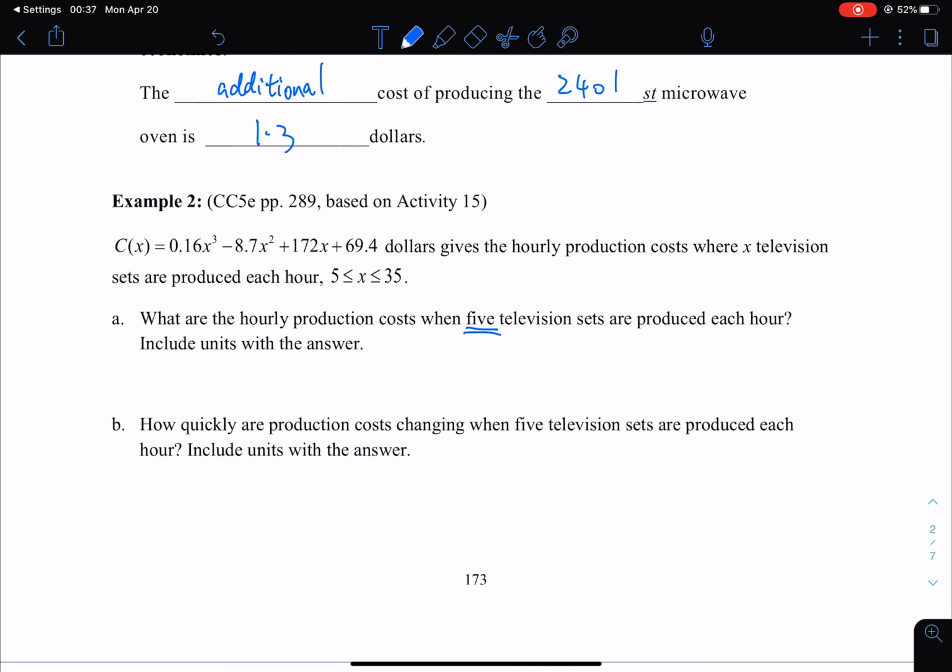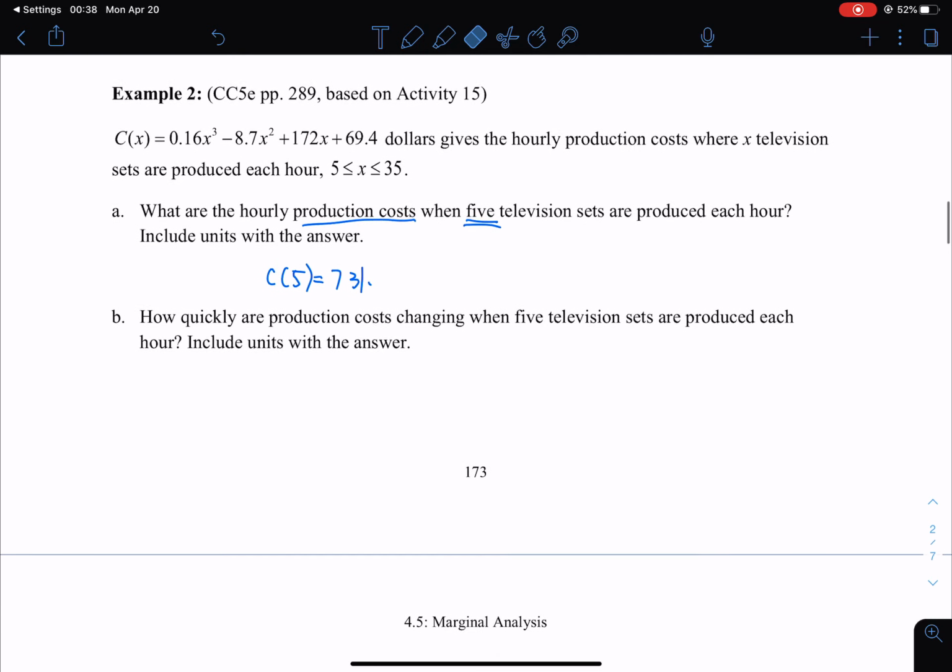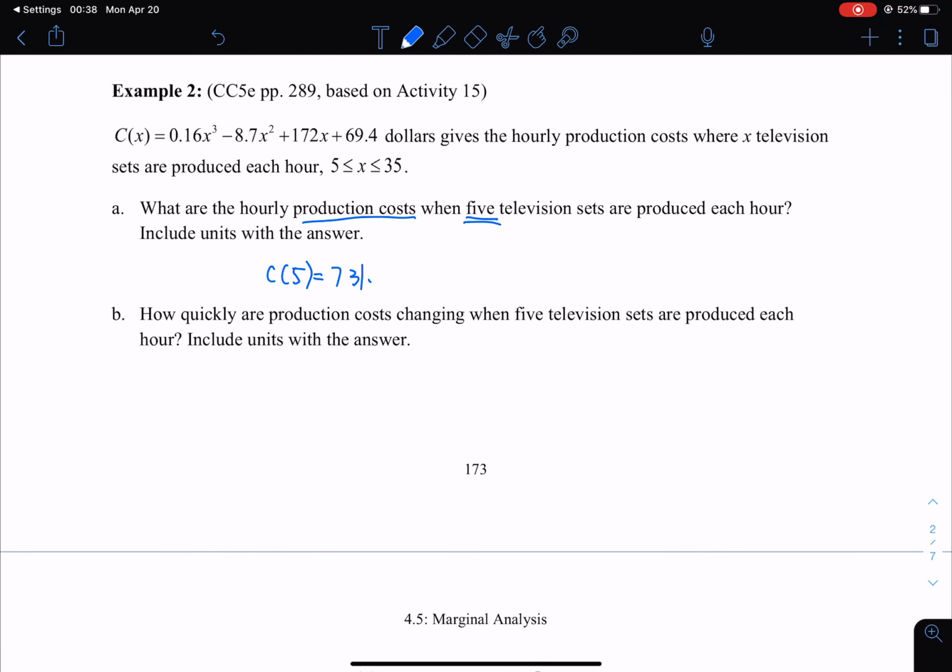So we know the input variable x is 5. This one is not about the derivative, we just ask about the production cost. So this is just C of 5. Just plug in x equals 5, then we have C of 5. The answer is $731.9.